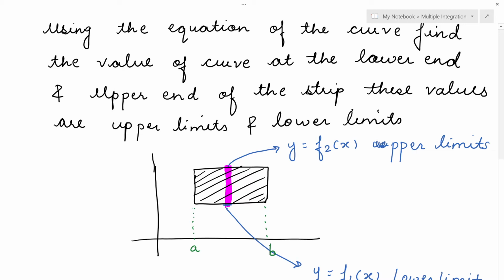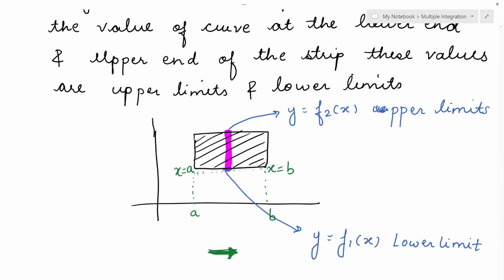So whenever it is a vertical strip, that is a standing strip, the strip travels from left to right. That means first the strip will be over here, then over here, then over here, up till this point. It travels from left to right. So x is equal to a and x is equal to b. These will be your outer limits. I hope it is clear.